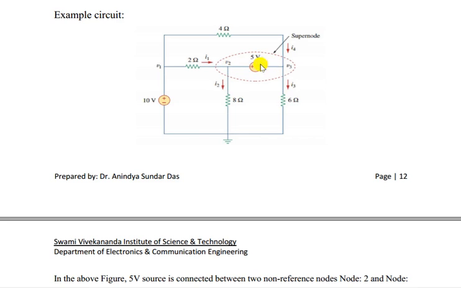That means at a supernode we can write a KVL equation. Though nodal analysis is the application of KCL, we can apply KVL when there is a supernode. So V2 minus V3 equals 5 volt, or you can write V2 minus 5 equals V3.